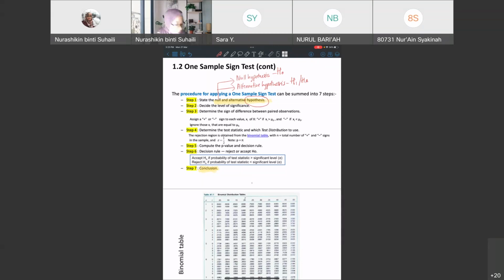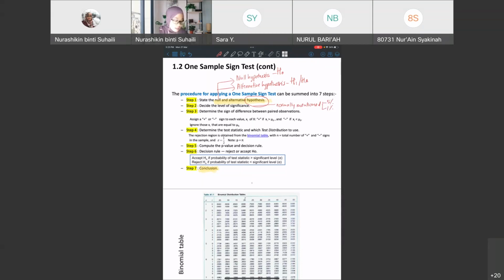Okay, and then the second step is to decide the level of significance. This will normally be mentioned in the question. The common values used are 5% or 1%. Why are these values important?